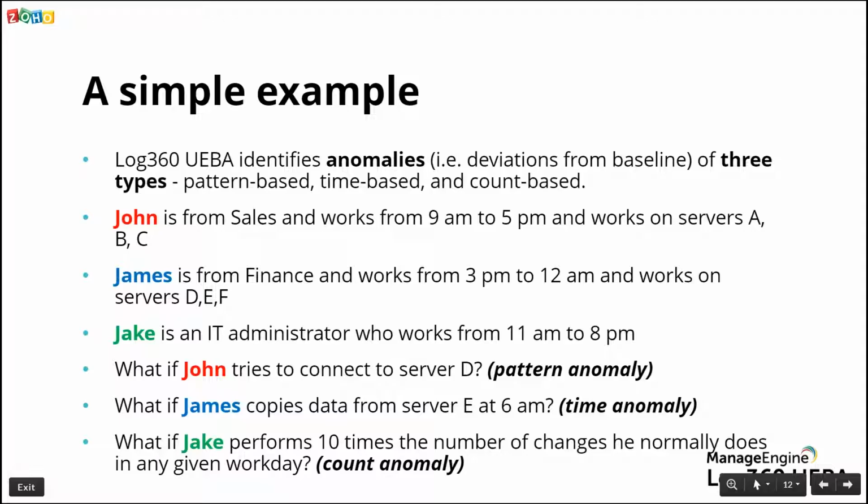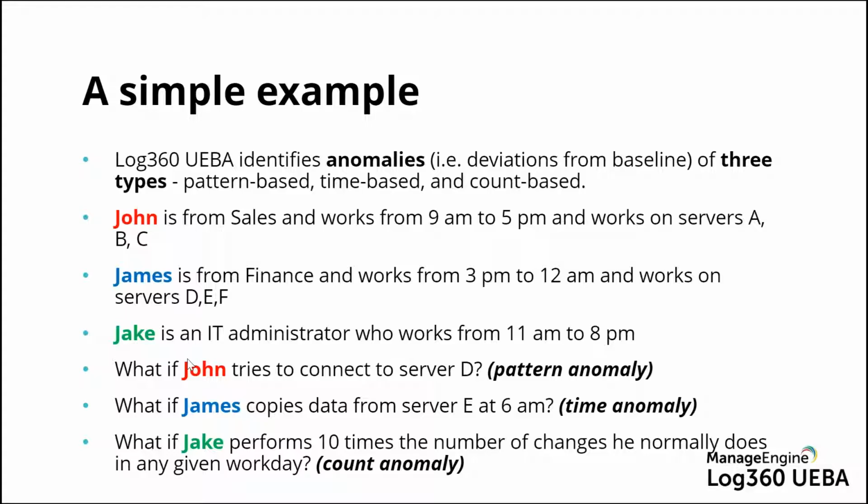If this sort of situation happens where the overall volume of activity is unexpected, that is when you have a count anomaly. Anytime any one of these kinds of anomalies occurs, each of these anomalies is assigned a specific risk score, and the user or device associated with that anomaly also gets an overall risk score based on all of the various deviations that they're involved in.